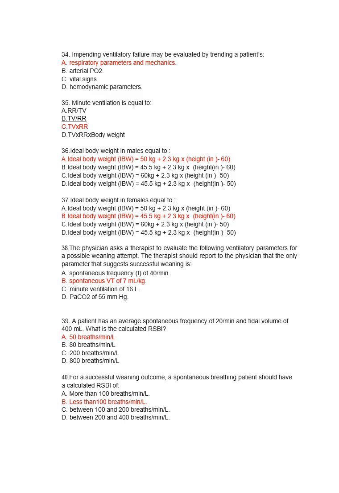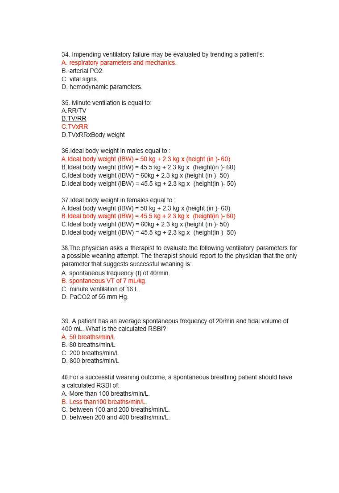So it is the ratio of frequency, or the respiratory rate, divided by tidal volume in liters. So here it will be 20 divided by 0.4 liters, that is 50 breaths per minute per liter.